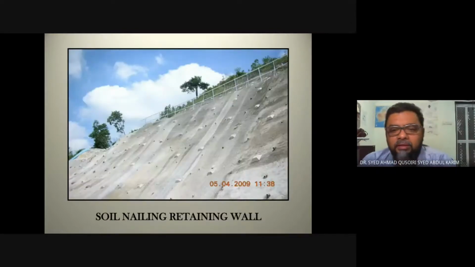So this is when it has been completed. They have already put in the nails, and then they have used shotcrete to create a face for that retaining wall system. And you can see here there are a lot of these weep holes, because we do not want water to gather behind the retaining wall.